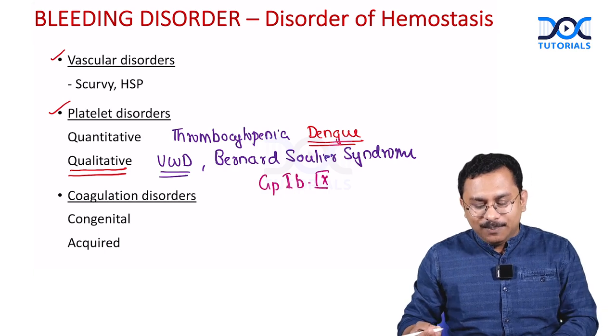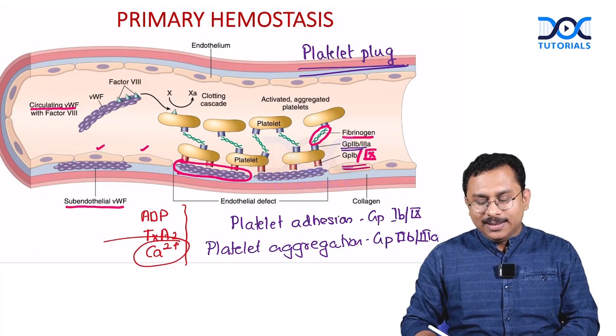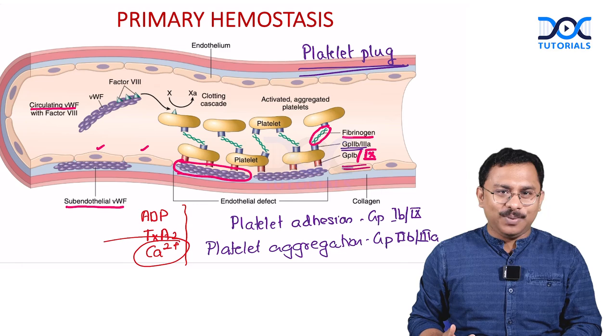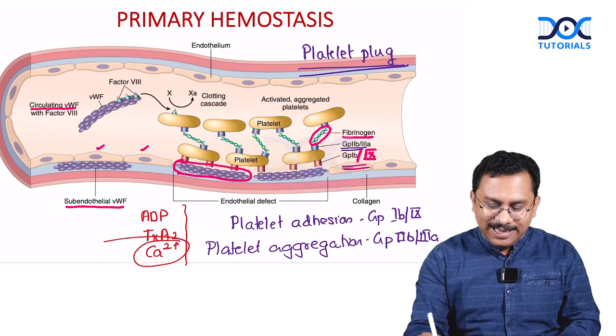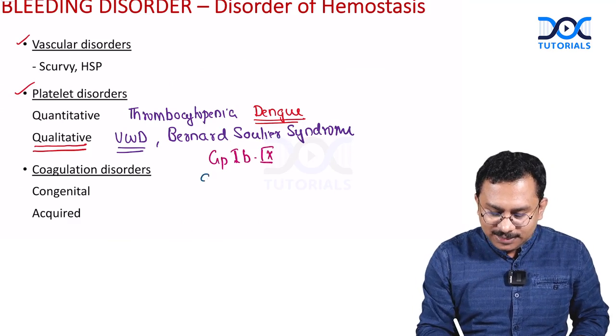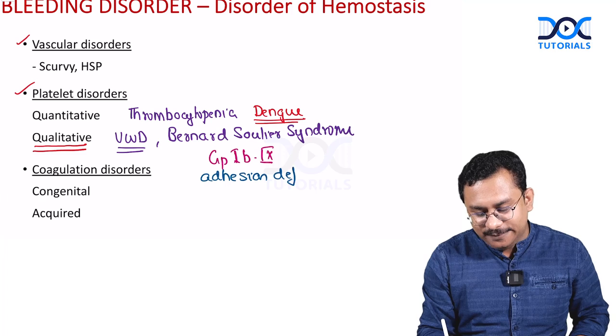So what is going to happen? This receptor is defective, because of which platelet adhesion is not going to take place properly. So it is basically an adhesion defect. Platelet adhesion is defective.